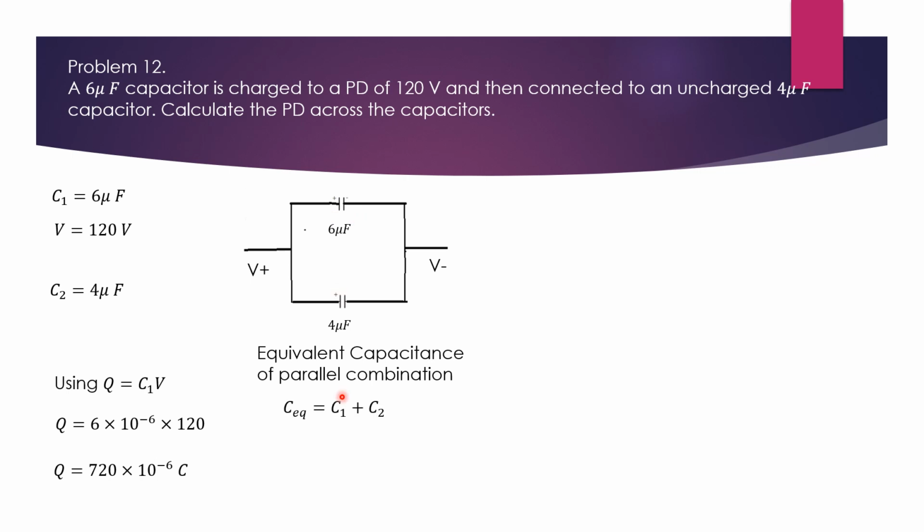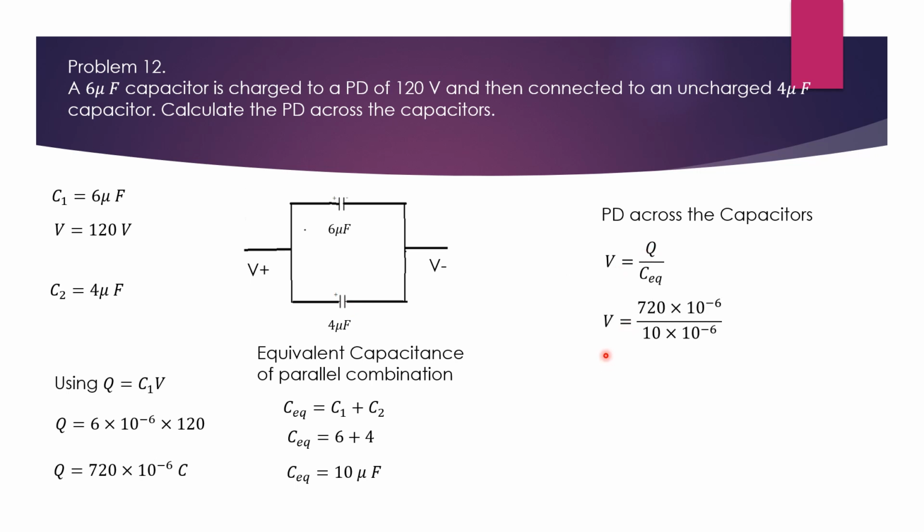Now, total capacitance of this circuit is equal to C1 plus C2 since they are in parallel, and that makes it 6 plus 4 microfarads, that means 10 microfarad. And now PD across the capacitors can be calculated as V is equal to Q over C equivalent. Since Q is equal to 720 into 10 power minus 6, C equivalent is 10 into 10 power minus 6, that results in 72 volts potential difference across these two capacitors.